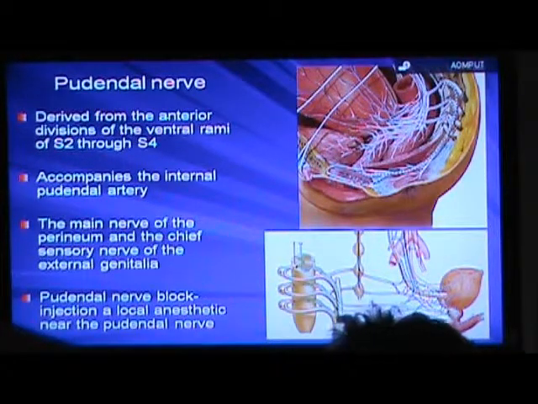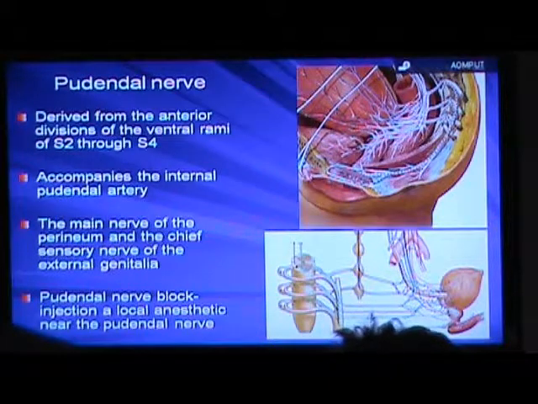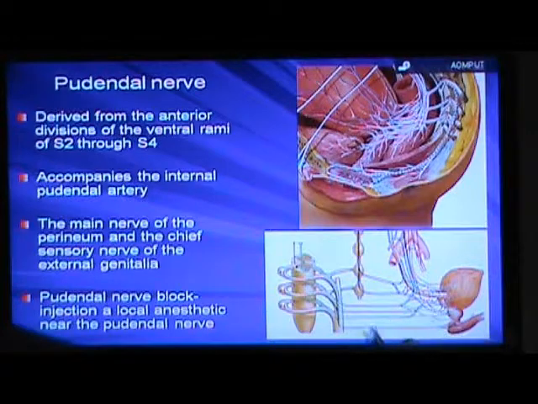We need to remember about it because it's a possibility to make a pudendal nerve block. So it's an injection of a local anesthetic near the pudendal nerve. So we can perform the injection through it, and we can make a pudendal nerve block.